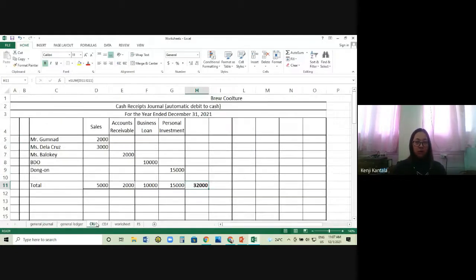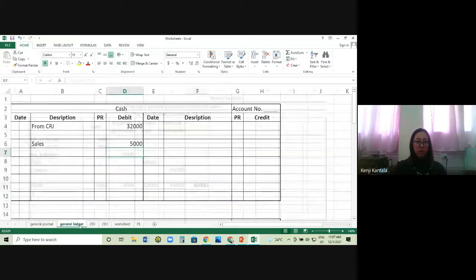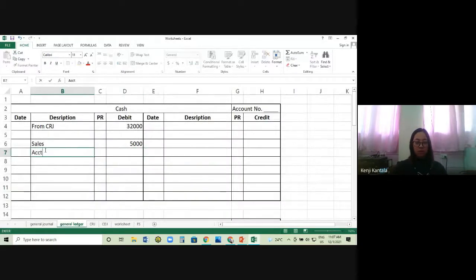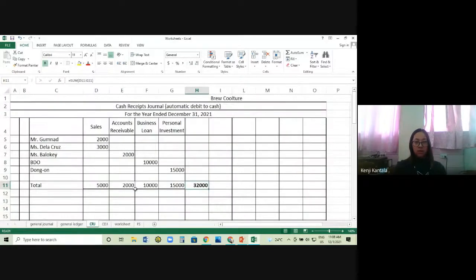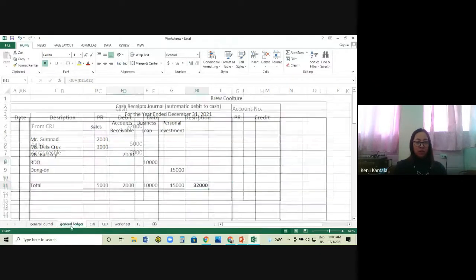And then, yung next is accounts receivable at 2,000. And then, we have business loan at 10,000 and personal investment at 15,000.